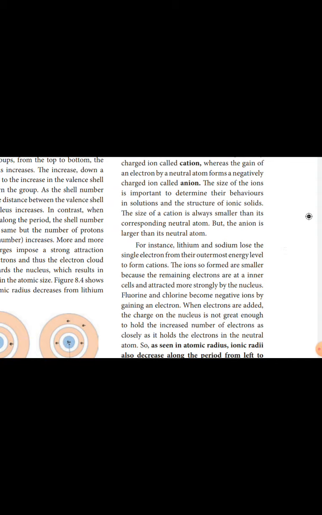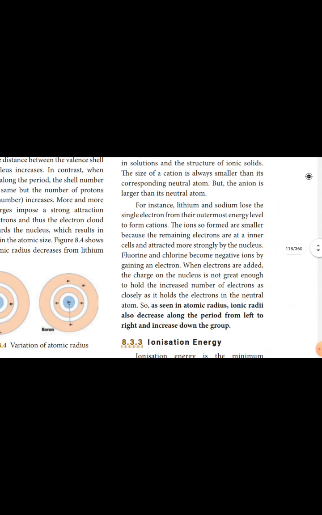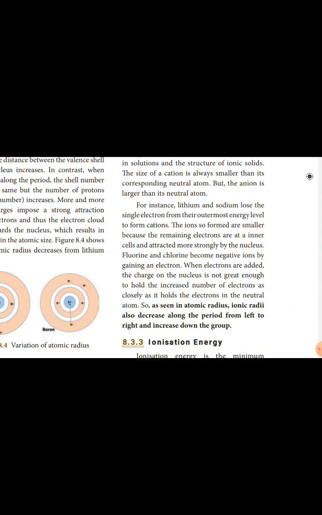For instance, lithium and sodium lose the single electron from their outermost energy level to form a cation. The ions so formed are smaller because the remaining electrons are at the inner shell and attracted more strongly by the nucleus.